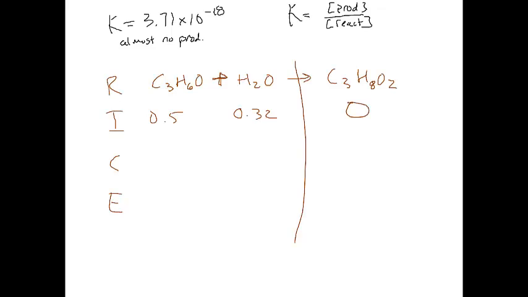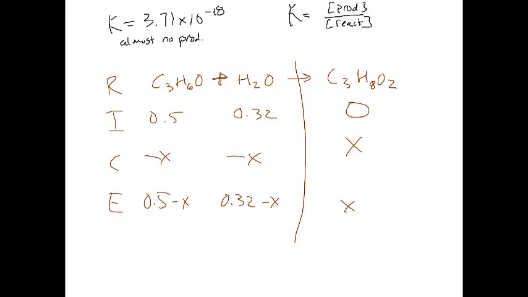All right. So the reaction happens. I use up some of my reactants, so negative X, negative X. Griffin, what should I put here? I made some of my product, plus X. Okay. So now I'm left with the exact same equilibrium expression that I had before.